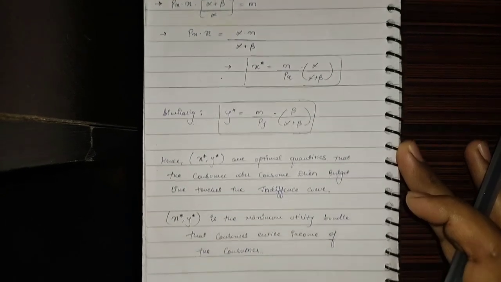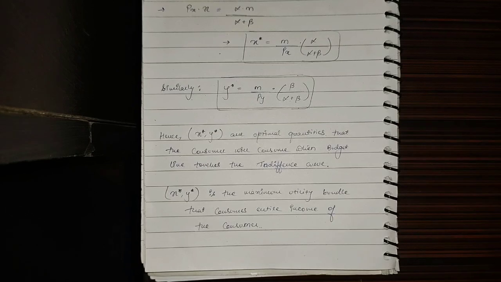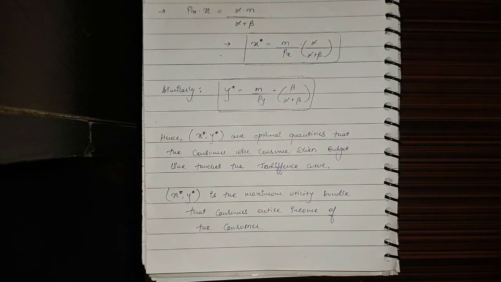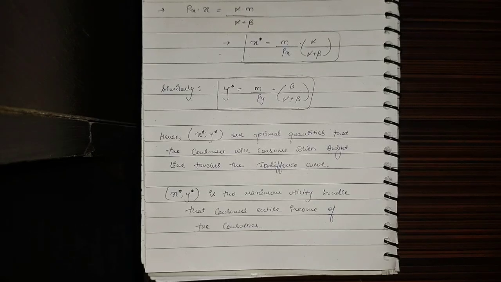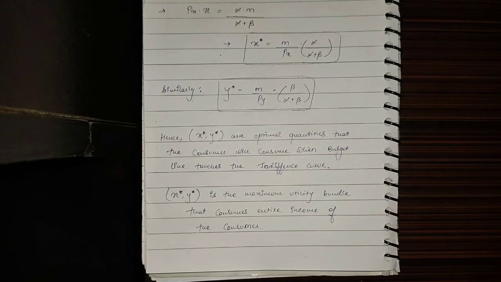Hence this is how we get the optimal x star and y star. The x star and y star are the optimal quantities that the consumer will consume when the budget line touches the indifference curve. By touches, it means that the budget line is tangent to the indifference curve.